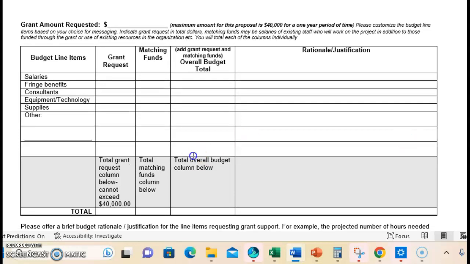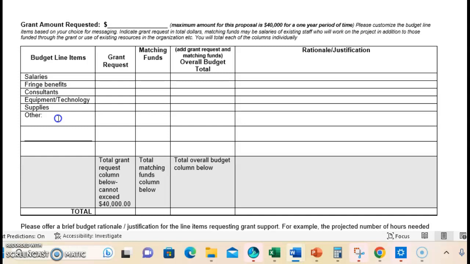There are some budget line items here, and these can be edited. And remember, you have $40,000. You applied for this fictitious grant. You were awarded $40,000. So how are you going to spend that $40,000 through your health messaging?